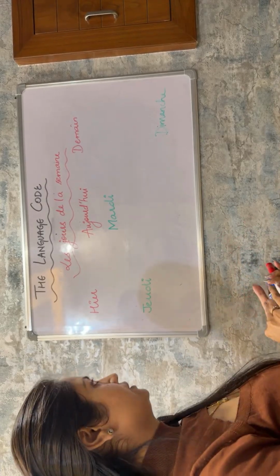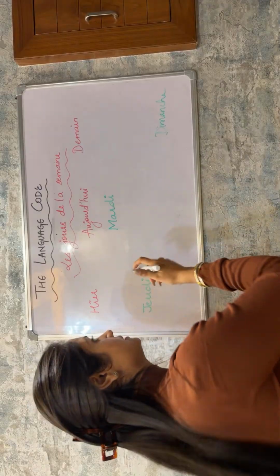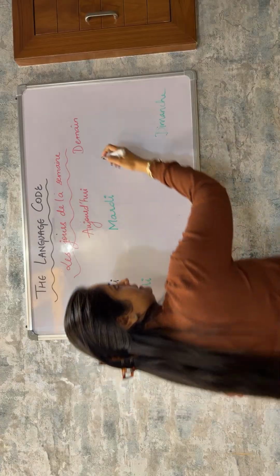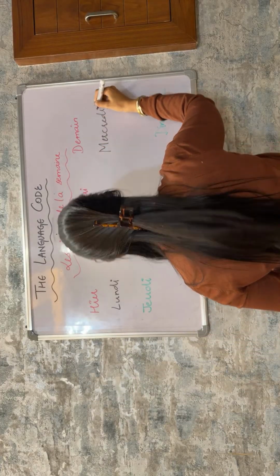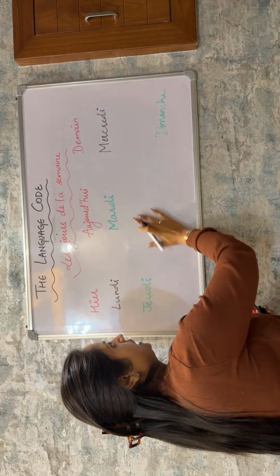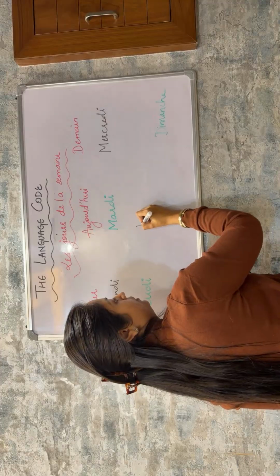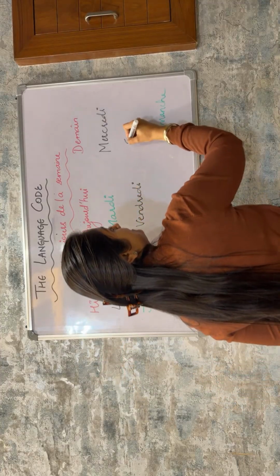Let's see the first one. Mardi. Before mardi, what comes? Lundi. And after mardi, it comes mercredi. Wait, jeudi. Jeudi. If yesterday was jeudi, then today will be vendredi and tomorrow will be samedi.